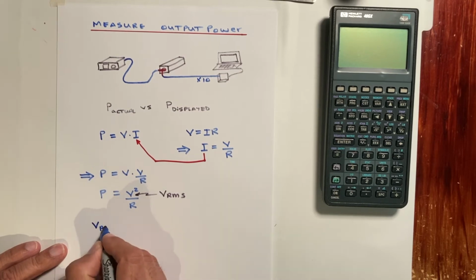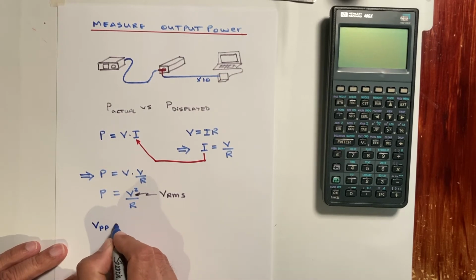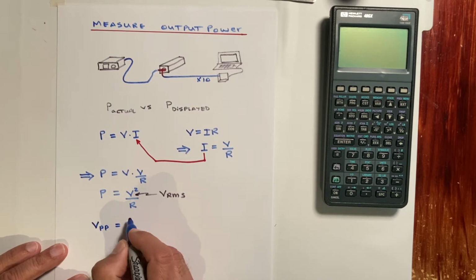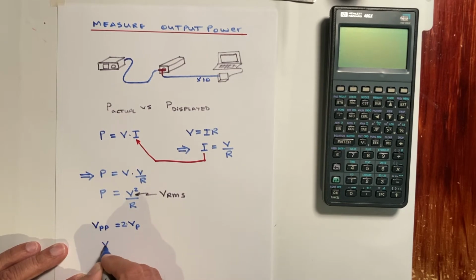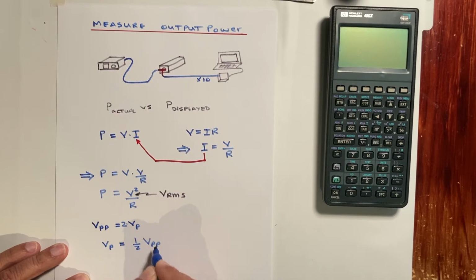Actually, we could measure volts peak to peak, and that would be equal to the volts peak times 2. So volts peak, which we measure directly off of the scope, is then equal to 1/2 V peak to peak.